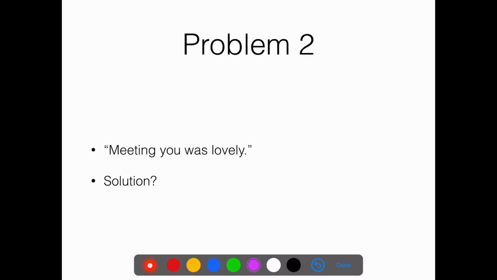Problem number 2, meeting you was lovely. This is actually quite a formulaic thing to say, so there's nothing actually wrong with it. But just if you wanted to preserve end weight, how could you do that?